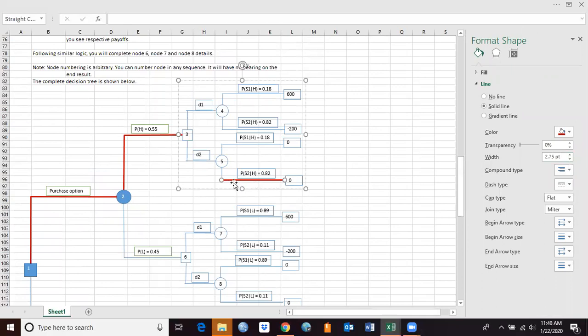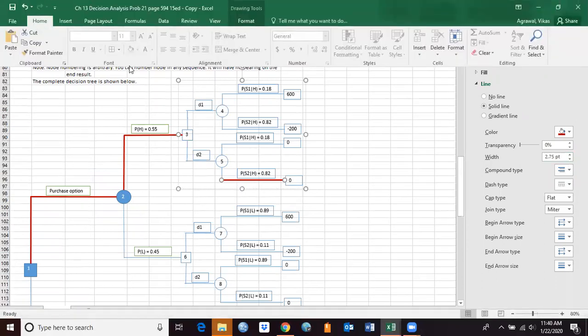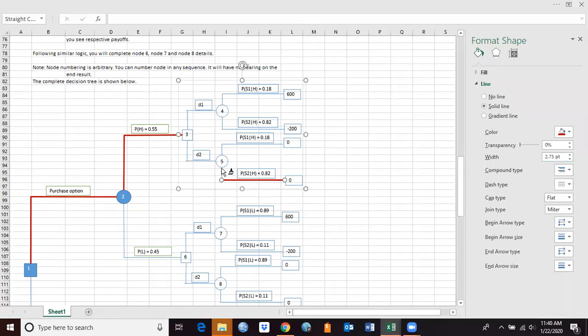Then I can format this one. Yes, so this will be my decision here. Decision 5. No, I don't need to color this one here.